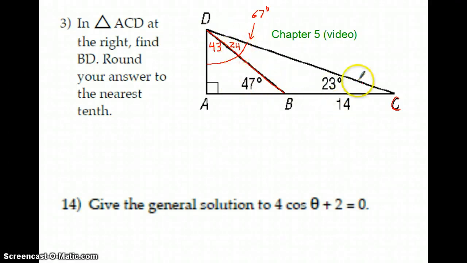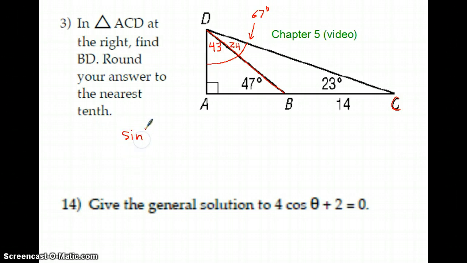I'm thinking about the triangle in which I care, which is BDC. I now have two angles and one side, and I need to know this other side. I know 24 and 14 are opposite. I know 23 is opposite the one I want to know about, so this is a perfect time for law of sines.